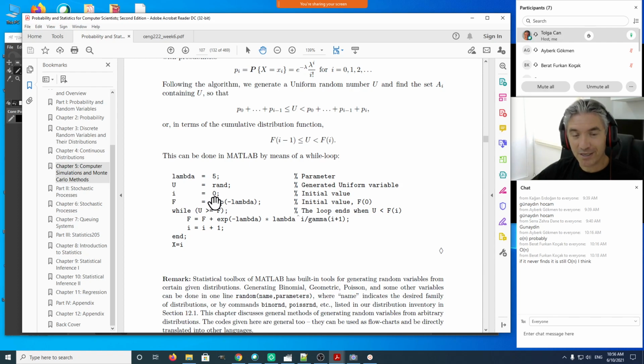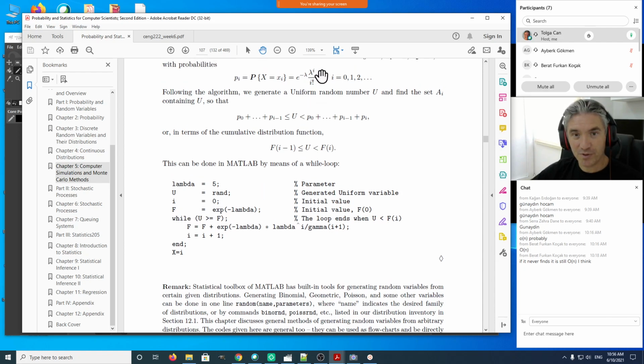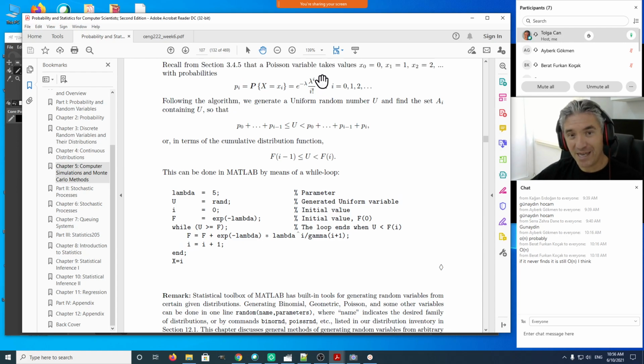So we initialize it to 0. And f is equal to e to the minus lambda, which is what you get when you put 0 in for I here: 1 over 1 times e to the minus lambda. So e to the minus lambda is the probability that x is equal to 0 for any given Poisson variable.